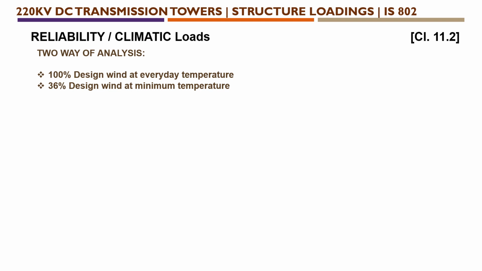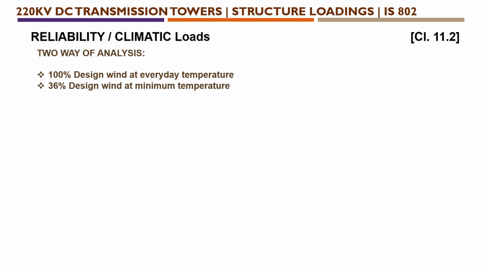That everyday temperature we need to consider in the conductor tension load calculation, and the 100% design wind we need to consider on the entire structure, the conductor, string insulators, earth wire, and all those components.